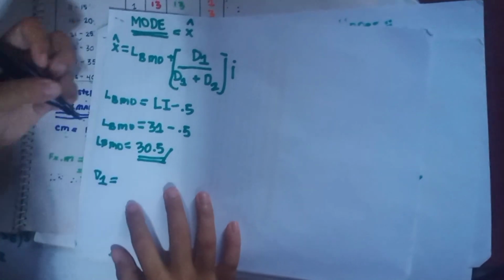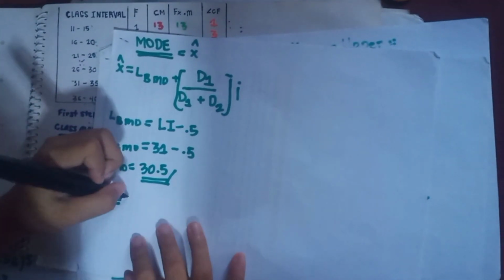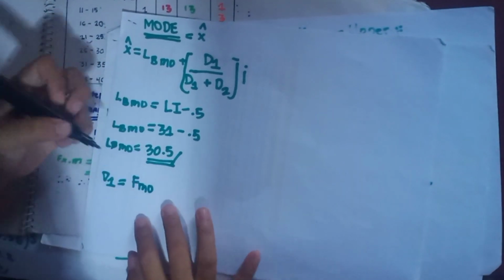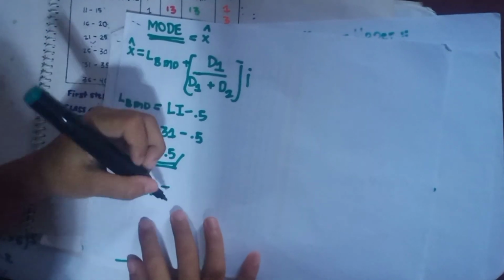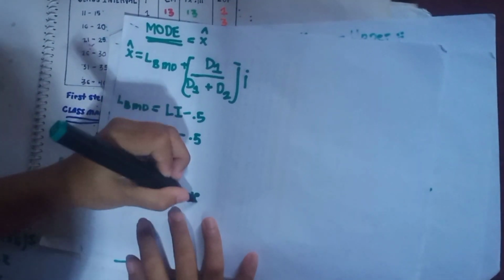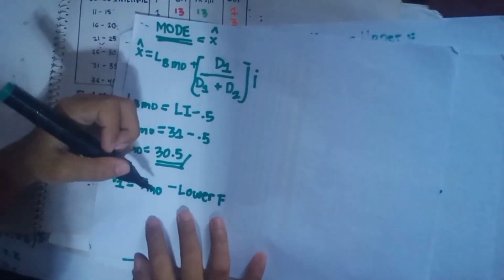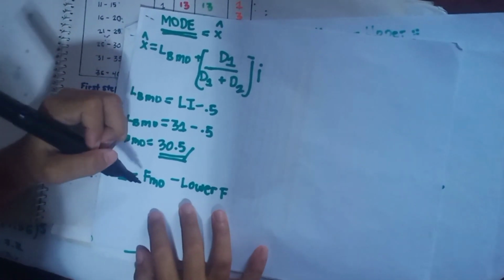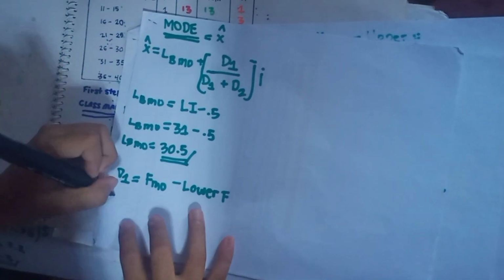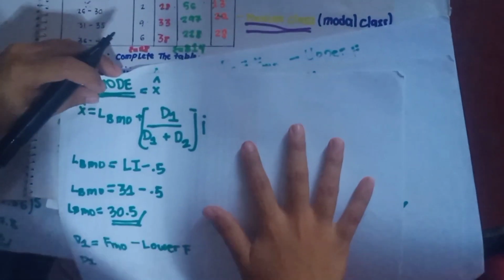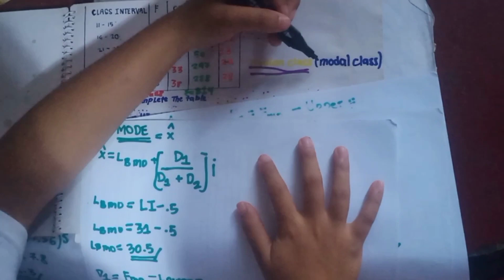So now that we already get the lower boundary of our modal class, the next thing that we have to solve is the value of D1. So we can solve D1 by using this formula. Frequency of our modal class minus the lower frequency of our modal class. So if we take a look to our table here, the modal class frequency will be equal to 9.